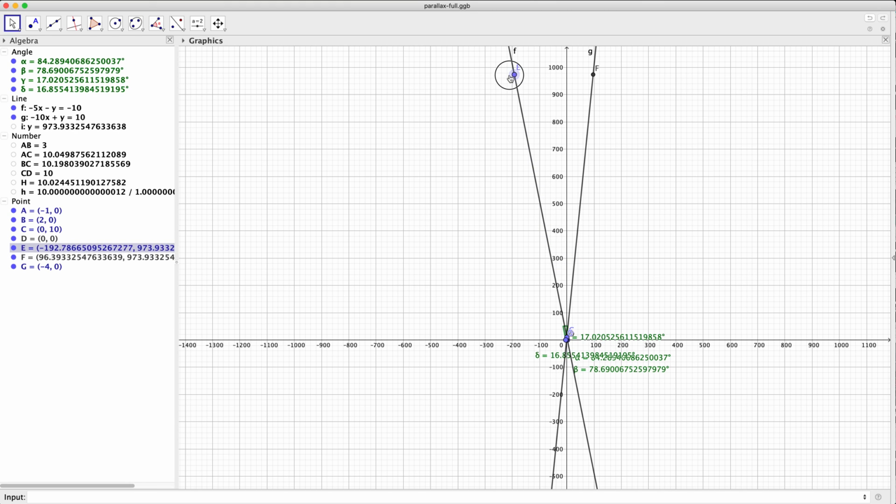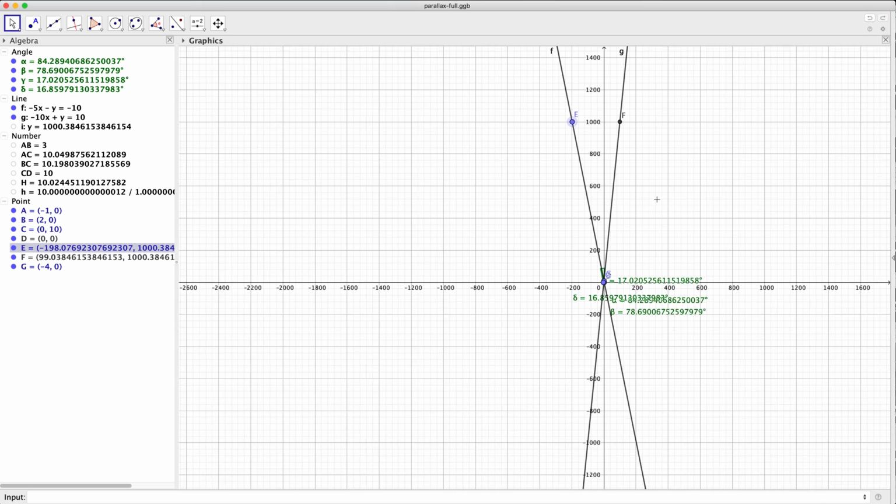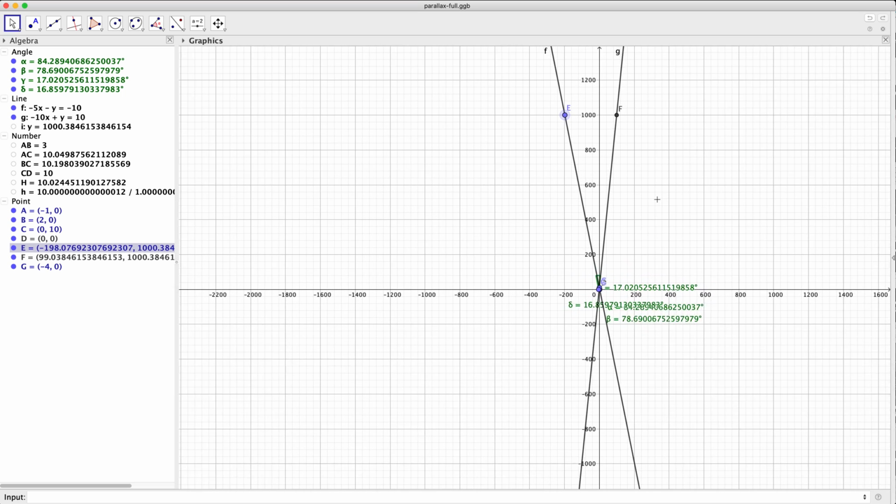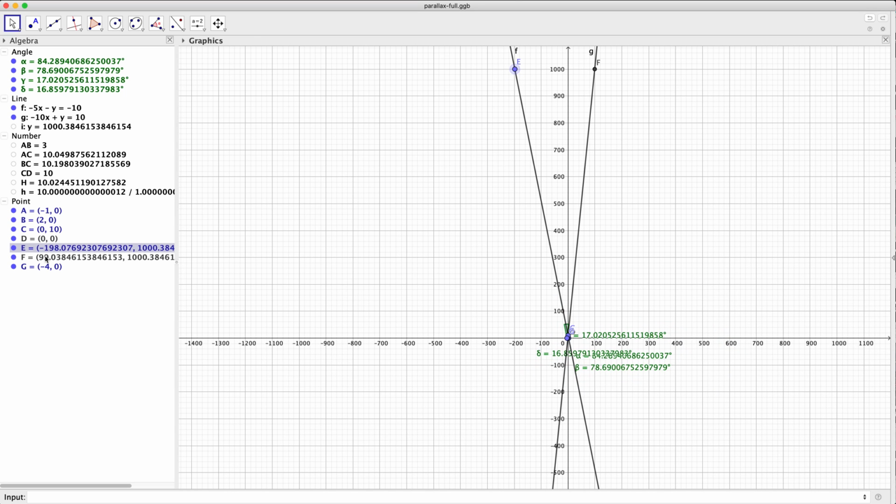And this is nowhere near as far as it actually goes. It's thousands of times. And remember also that I had C pretty close to these points. It's close compared to where E and F are, but it's nowhere near the stuff.